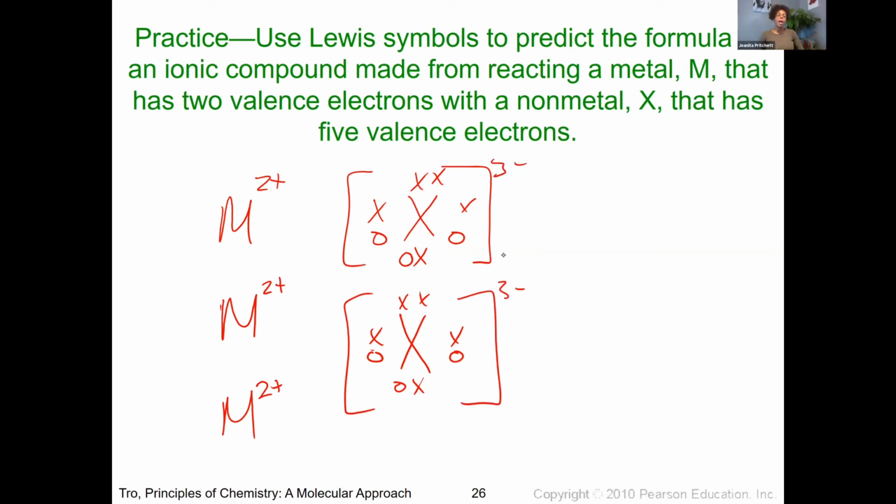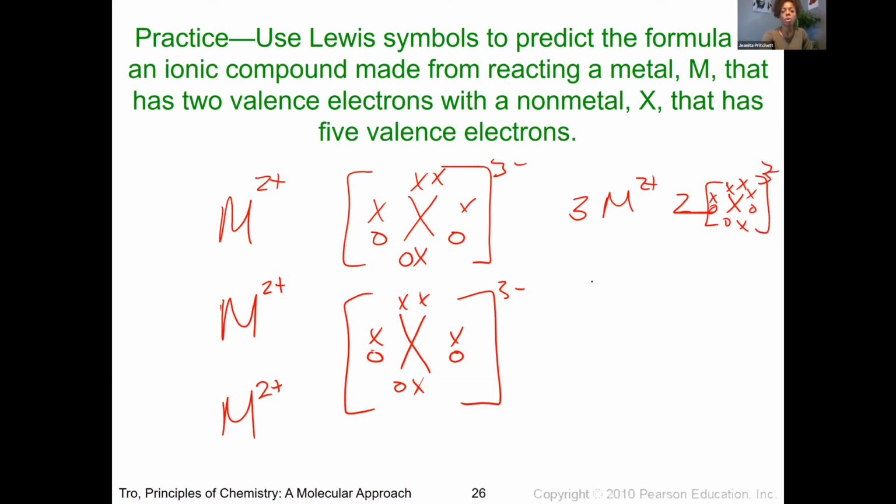So with that in mind, we can now see that this compound, not molecule, would have 3 metal ions for every 2 nonmetal ions. So we could say that we have 3 metals and 2 of our nonmetals. And again, I'm just using X's and O's to help you track what's happening.